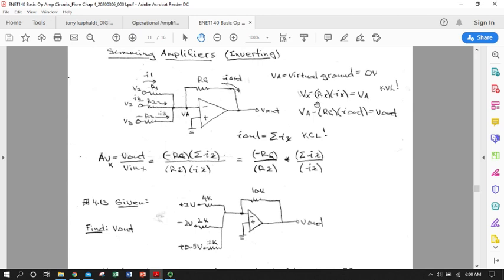So we can write an expression for the voltage at any one of our inputs in terms of the voltage drop over their input resistors. We can say V sub x, like V sub 1 or V sub 2 or V sub 3, minus R sub x, the resistor that goes with that voltage input, times the current flowing over that resistor, equals the node voltage. So we just applied KVL to each one of these branches to this node.